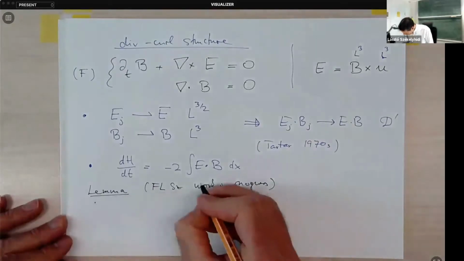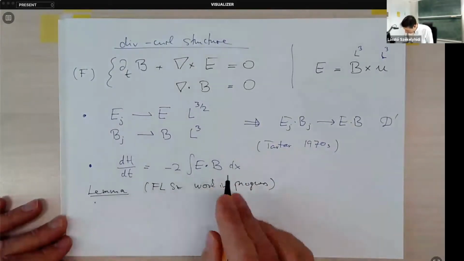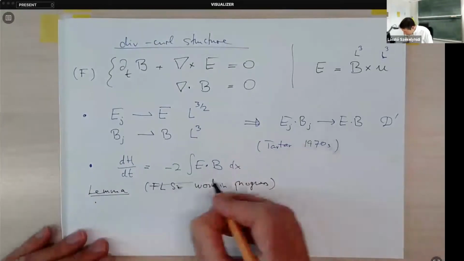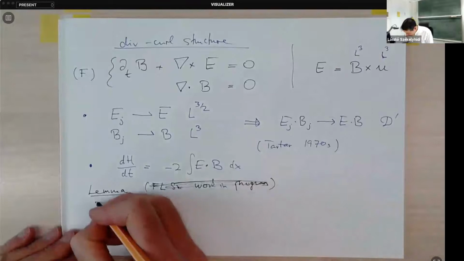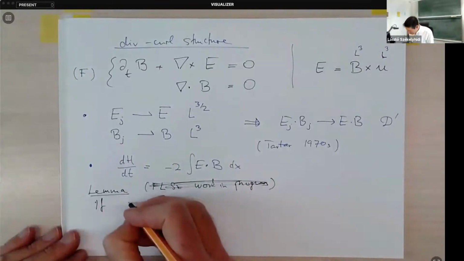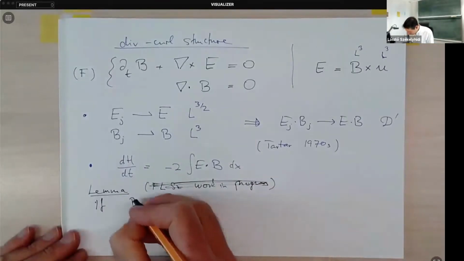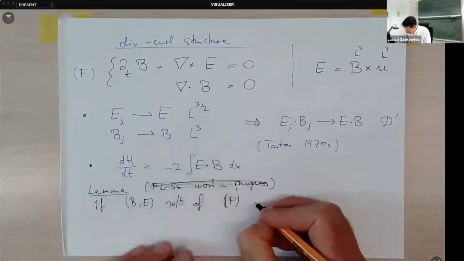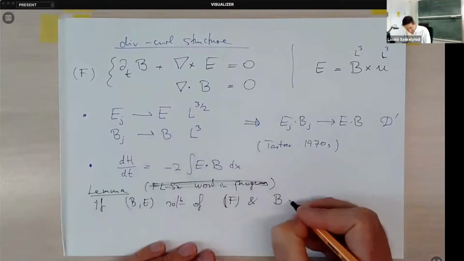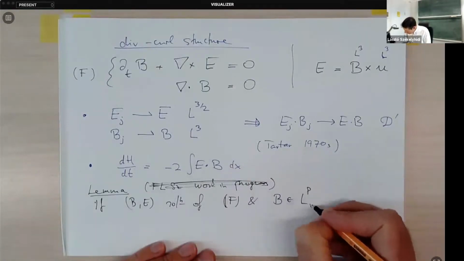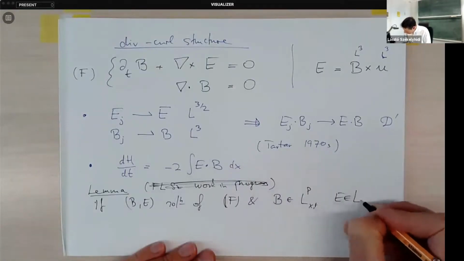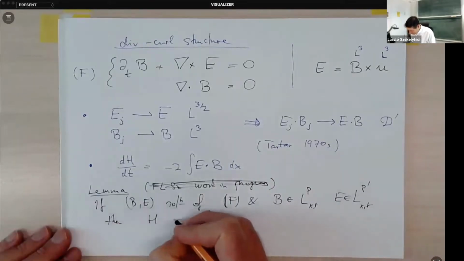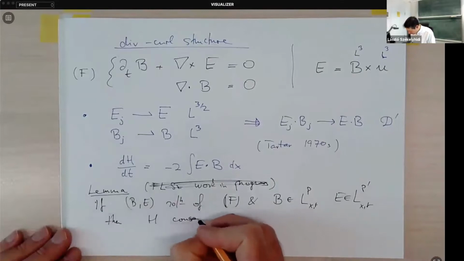Well, maybe, sorry, there are two things. Sorry, I'm jumping ahead of myself. So if you have a solution of the Faraday system, and let's say B is in L^p, E is in L^{p'}, then helicity is conserved.